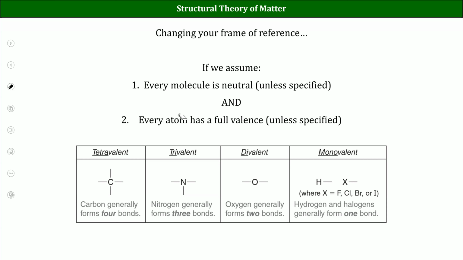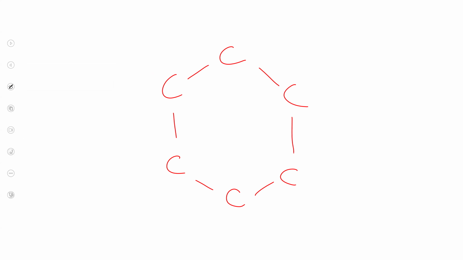All right, so with that in mind, one of the reasons it's worth thinking about that is, if we don't specify how many hydrogens are attached, you'll find out pretty quickly as we start building larger and larger molecules that drawing the hydrogens is a drag.